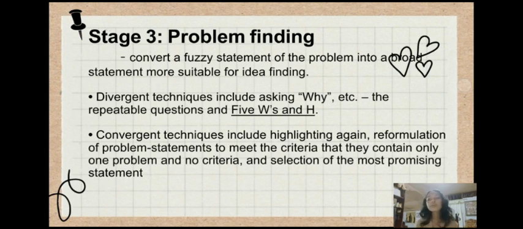So again, we will reformulate the problem statements so that they contain only one problem, like one at a time lang, like a problem. So only one problem and no criterion, and selecting the most promising statement that we can find. That concludes my part, so the next stages will be discussed by the next.